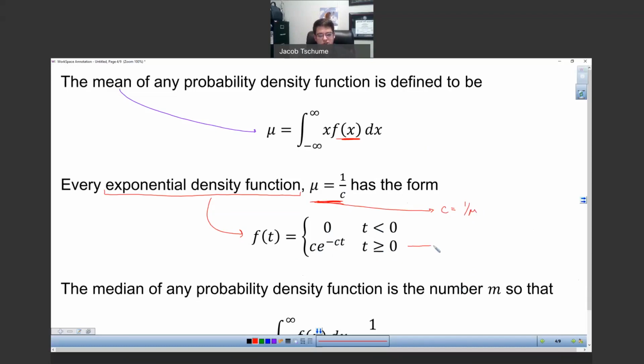Well, that changes your lower parameter of this piecewise function to be 1 over mu times e to the negative 1 over mu times t. This will be your exponential density function anytime t is greater than or equal to 0. That is the most important thing on here. This is the formula we will need to solve every problem that we do today.